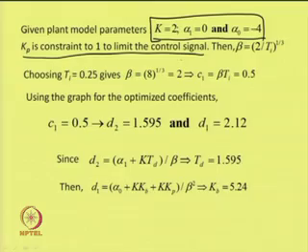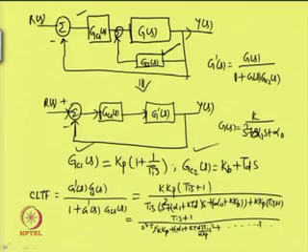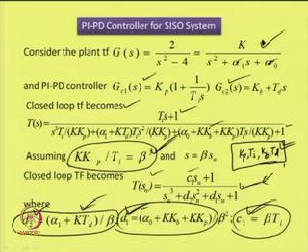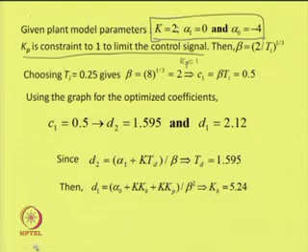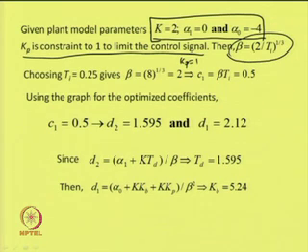With K_p equal to 1, beta cubed will be equal to K upon T_I. Therefore, beta is equal to 2 upon T_I to the power 1 upon 3. Choosing T_I equal to 0.25 gives us beta equal to cube root of 8, that is equal to 2.